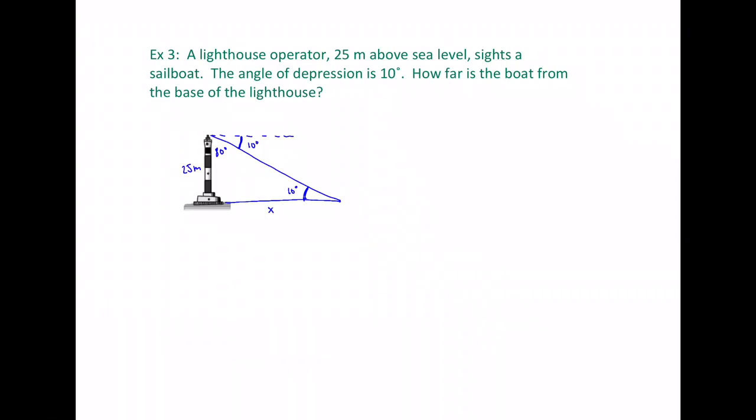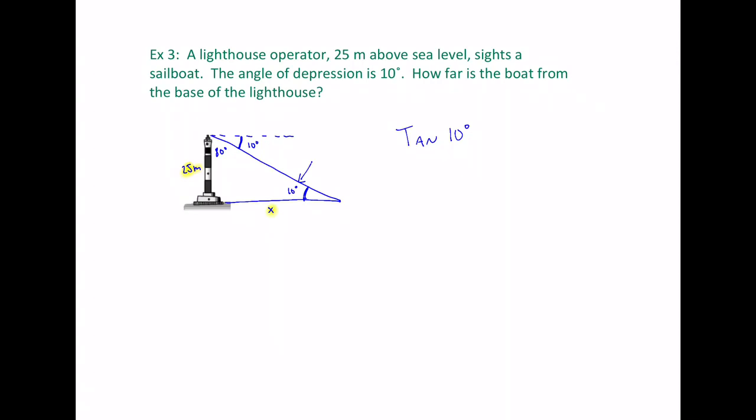I'll use the 10 degrees knowing that I have the information of the opposite side and I want the adjacent side, so I know I'm going to use tangent. So we'll do tangent of 10 degrees, and the 10 degrees that I'm using is this one right here. That's my acute angle of the right triangle.